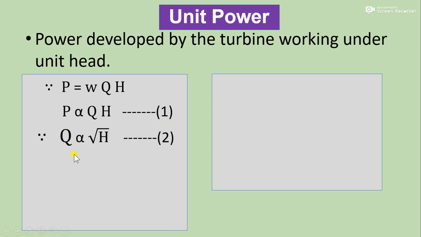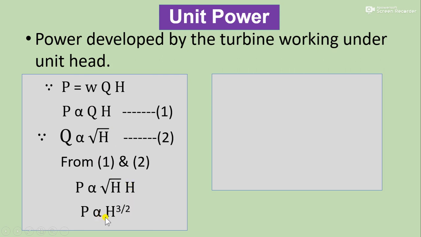Now, in the last slide we have already seen that Q is directly proportional to the square root of H. Now from 1 and 2 we get P is directly proportional to the square root of H into H, meaning P is proportional to H raised to 3 by 2. Now if we use the equality sign, we get P is equal to K3 times H raised to 3 by 2.